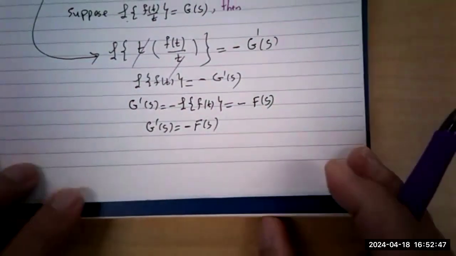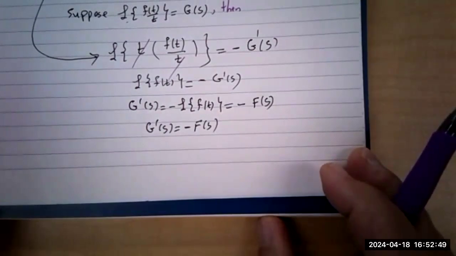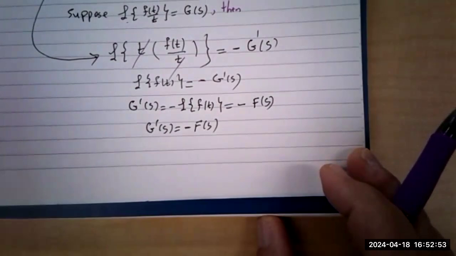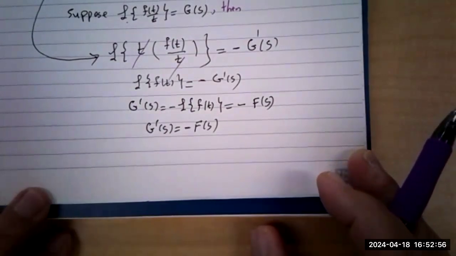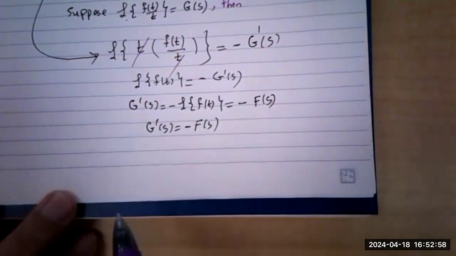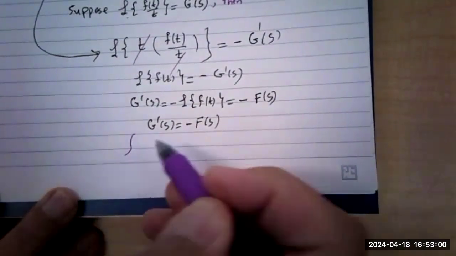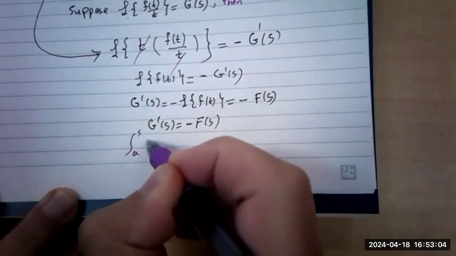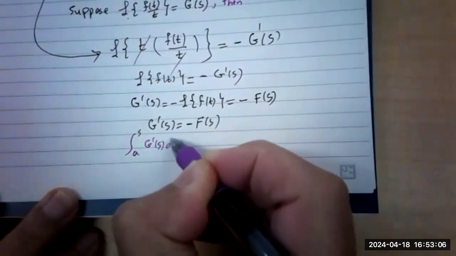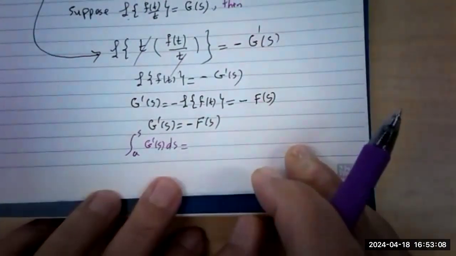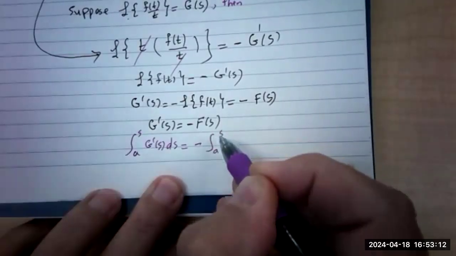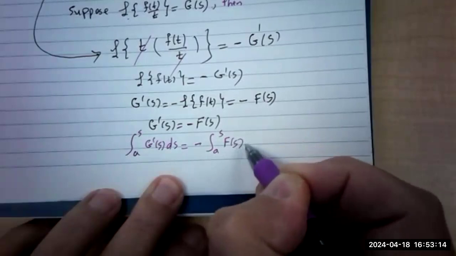It's like a differential equation, or like an antiderivative. So integrate both sides with respect to s. I use the integral from a to s of g prime of s ds. This is going to be the negative integral from a to s of F of s ds.